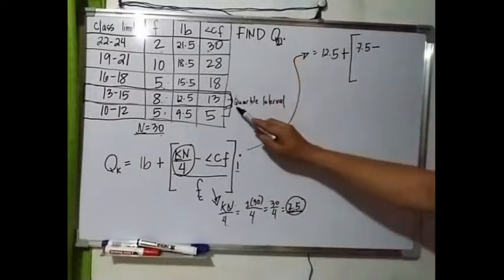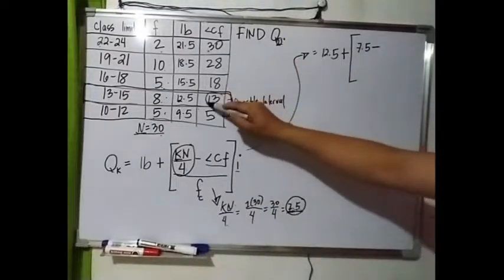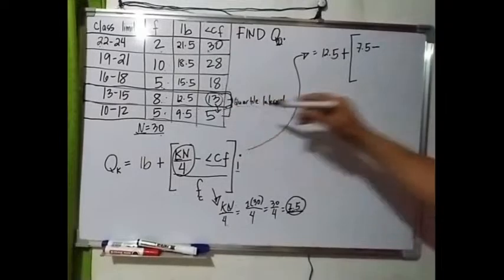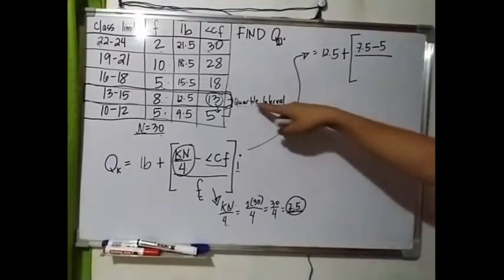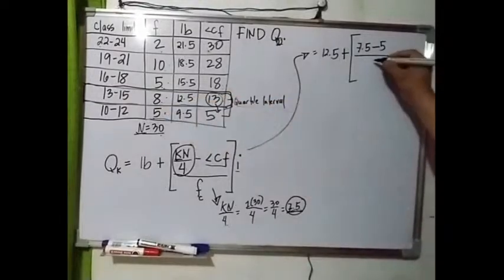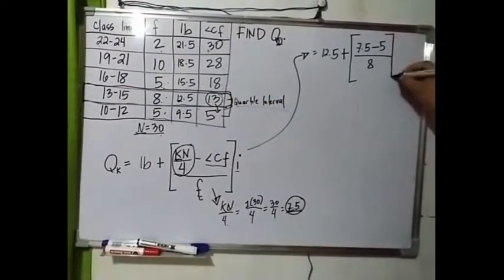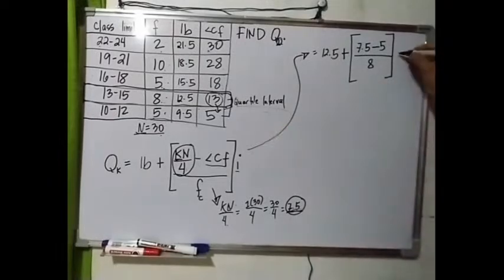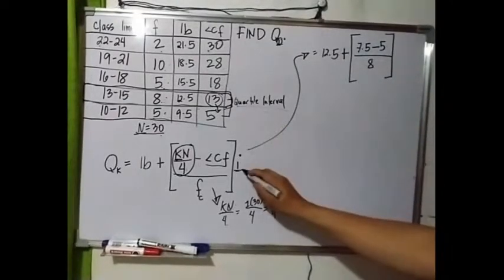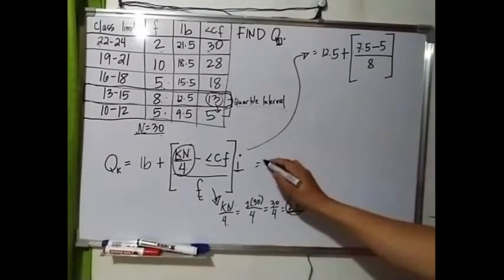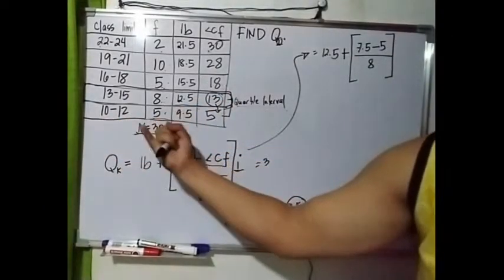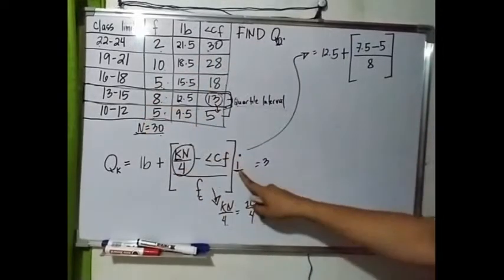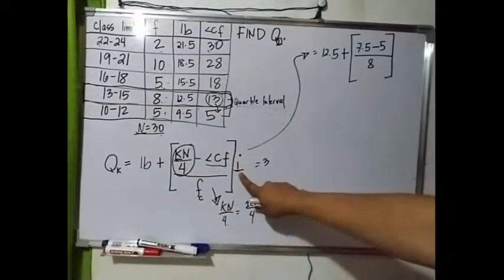Ang baba sa quartile interval, ang baba sa 13, so that is 5. Then over, ano yung frequency natin sa quartile interval? That is 8. Then times I. Ano yung I natin? So ang I is, that is equivalent to 3. Kasi 10 to 12. So 10, 11, 12 to find the class interval or the value of I.